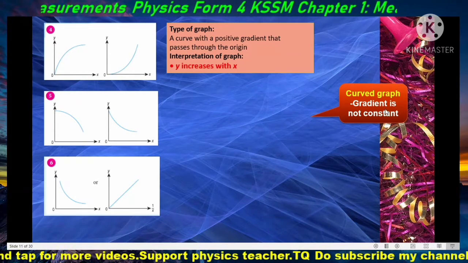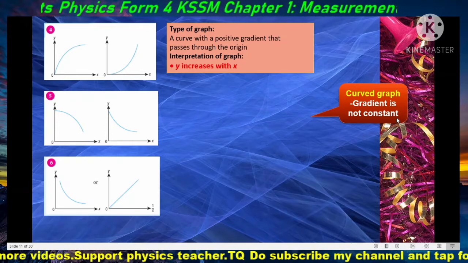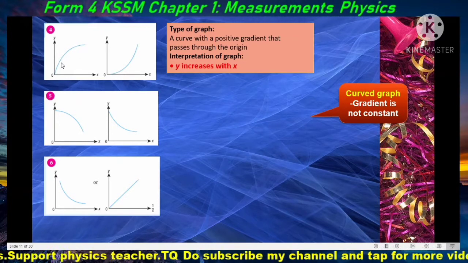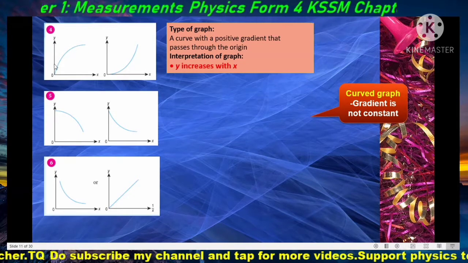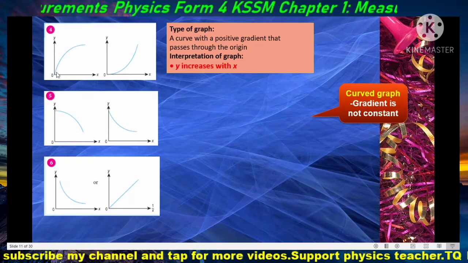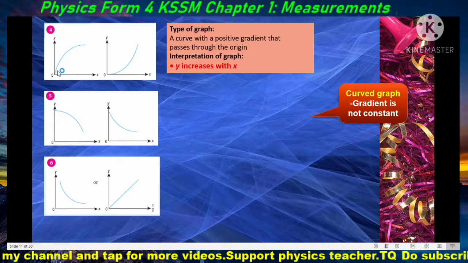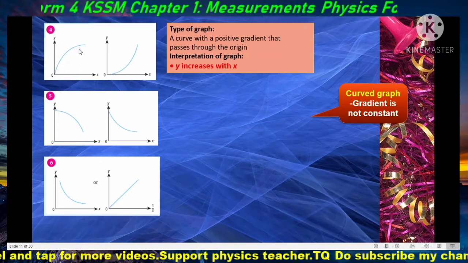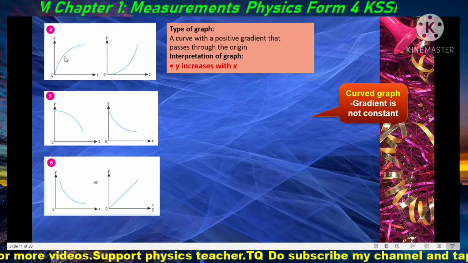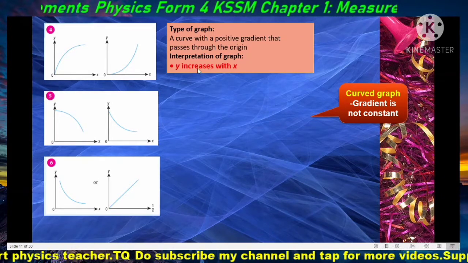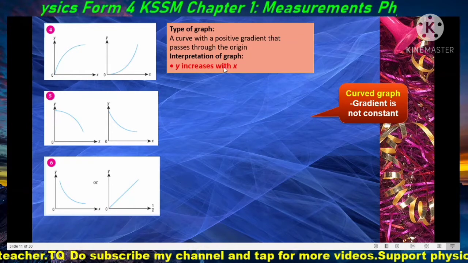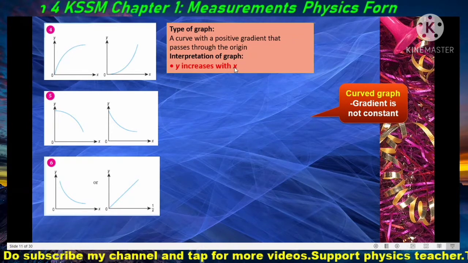For a curve graph, gradient is not constant. Meaning if you determine the gradient at certain points on the graph, you can see the gradients are not the same. So for this one, it will give positive gradient. Okay, so interpretation will give relationship as y increases with x.